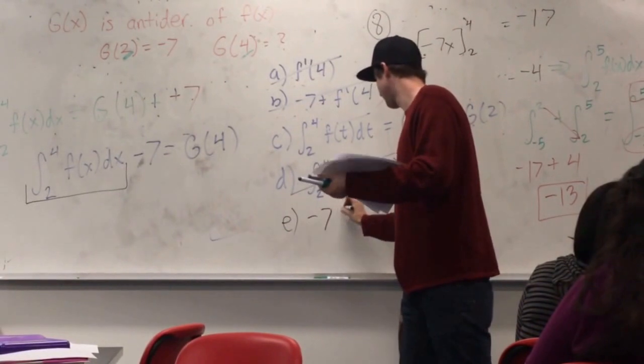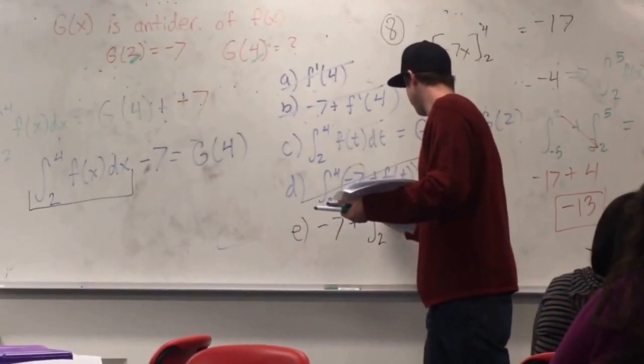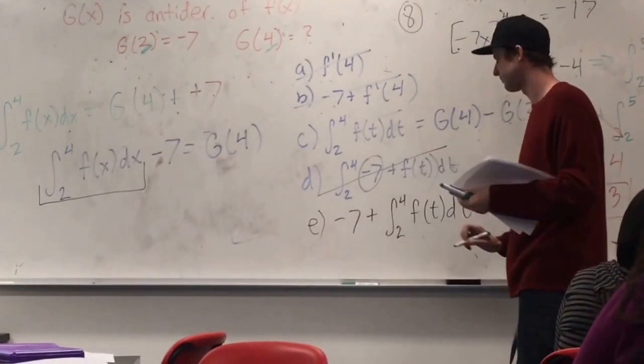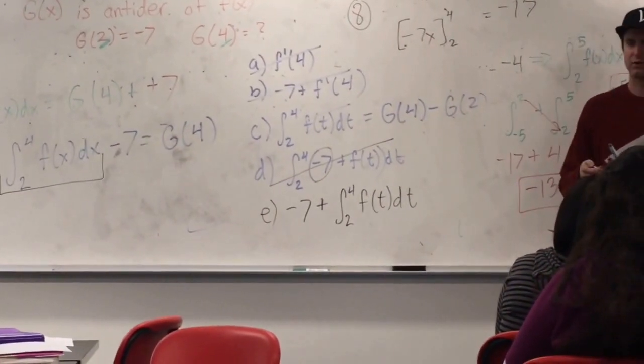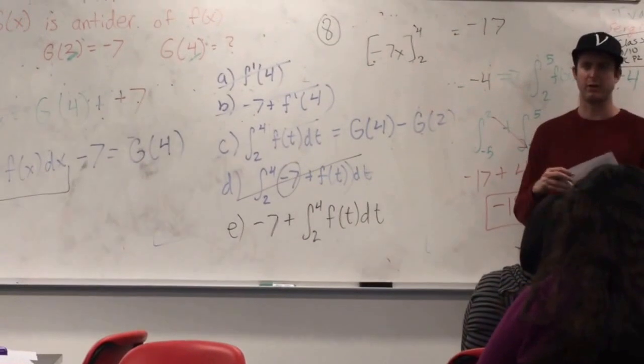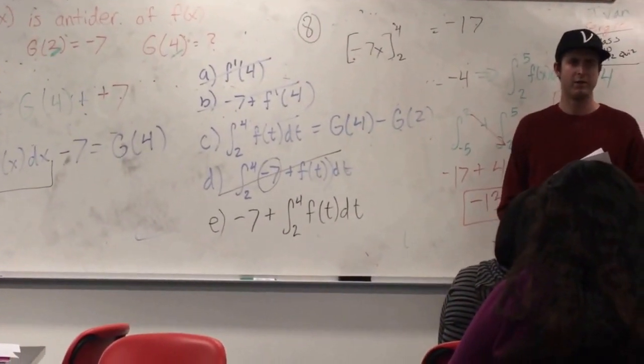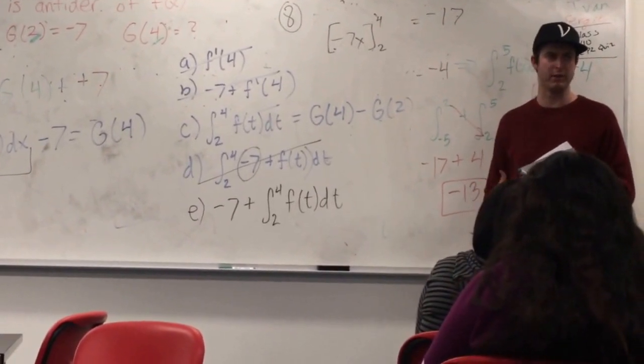And it's negative 7 plus the integral from 2 to 4 of f of t dt. Okay, these kinds of questions, when I was taking AP Calc, these were the questions I always got wrong. They're actually really easy.